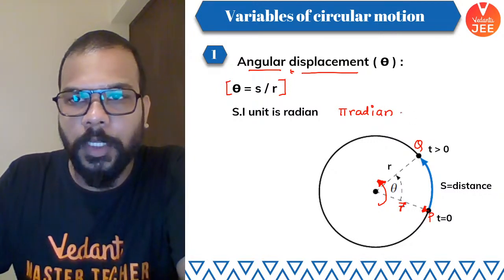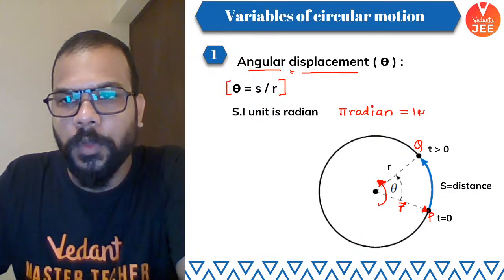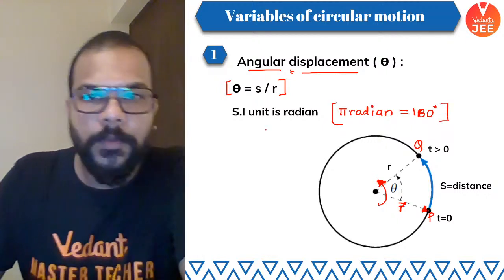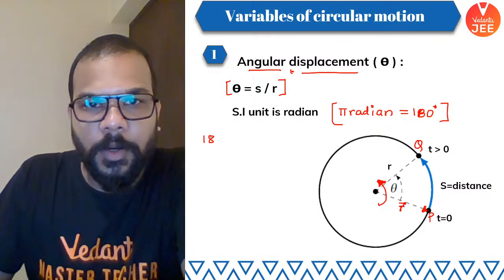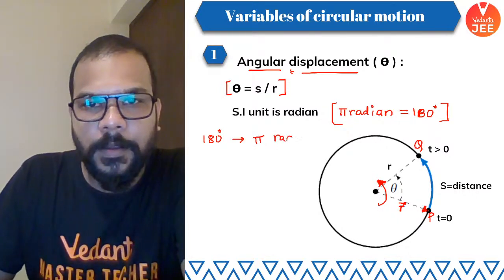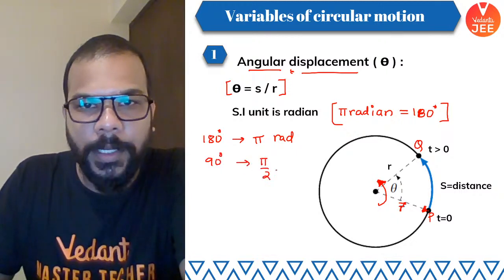So the conversion between degrees and radians is pi radian is equal to 180 degrees. Remember this, guys, which means what? If we are talking about a 180 degree angle, that will be pi in radians. If you are talking about 90 degrees, it will be pi by 2 radians.